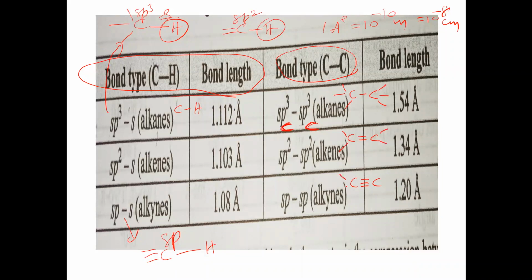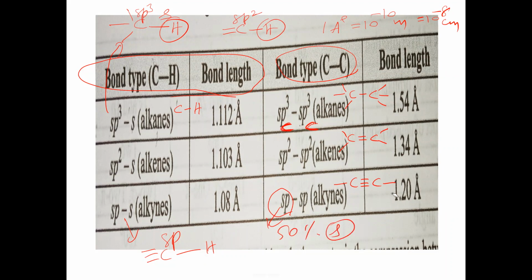So it is about sp2 carbon to sp2 carbon, sp3 to sp3, and sp to sp bond length. Bond length will be decreasing if the percentage of S character increases. In sp, what is the percentage of S character? 50% S character.